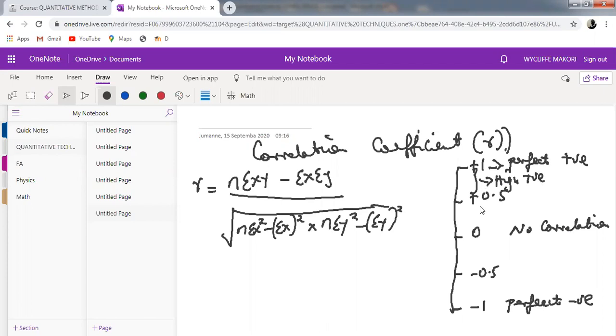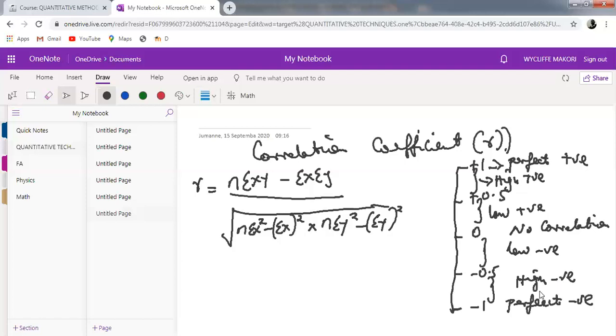If you calculate your r and you find that it is from 0, that is 0.1, 0.2, 0.3, 0.4, that is known as a low positive correlation. If you calculate your value and you find it is between 0 and -0.5, that is -0.1, -0.2, all the way up to -0.4 point something, this is known as a low negative correlation, whereas this region is the region of high negative correlation.